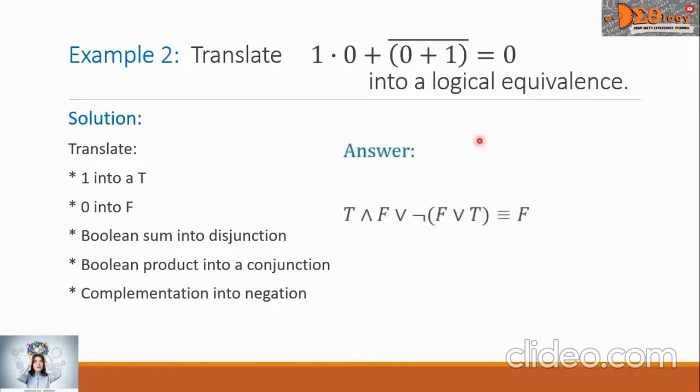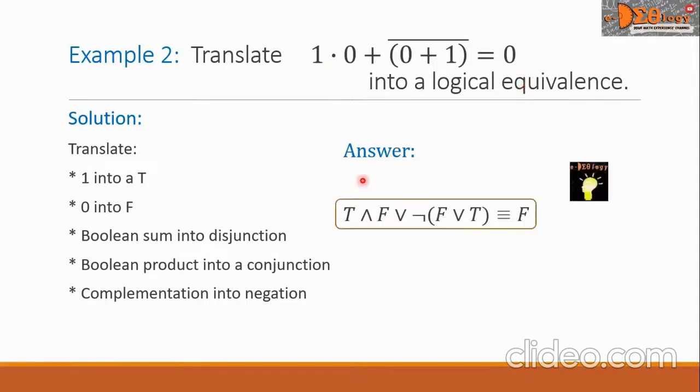So for our answer, this 1 times 0 is now t and f, plus now becomes or. The complement of 0 plus 1, we write here not of the quantity f or t, is equivalent to 0 becomes f. This is the final answer.